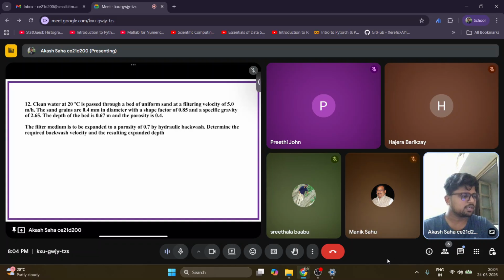Okay, next question. Again a uniform bed question, but here it is also given that the filter medium is to be expanded to a porosity of 0.7 by hydraulic backwash. Determine the required backwash velocity and the resulting expanded depth. Okay, can you calculate?